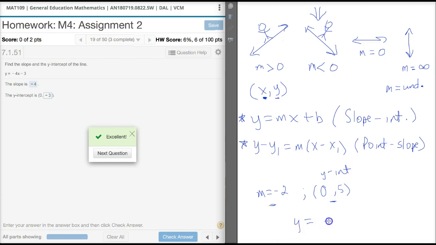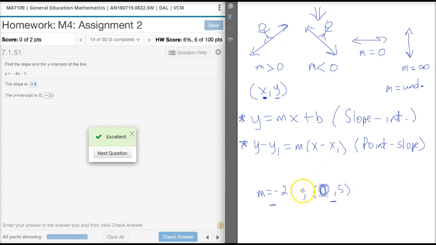And I could easily just say, well, hey, the equation of that line is just going to be y = -2x + 5. And we know that because, by definition, anytime we have an x coordinate being 0 and whatever the y coordinate is here, we know that this point is actually on the y-axis. And if it's a part of a graph, then we know that we call it a y-intercept, okay?